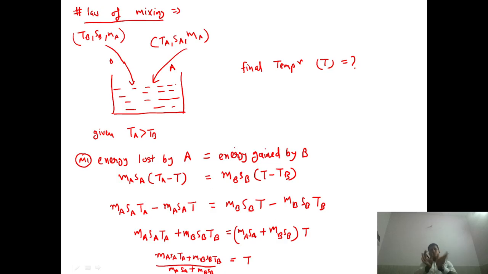I personally don't like this method, because if we take three substances, we can't decide which is gaining and which is losing heat. I like method 2 more, because we don't have to care about which is gaining energy and which is losing energy. Let's discuss method 2, then you will understand why it is better.